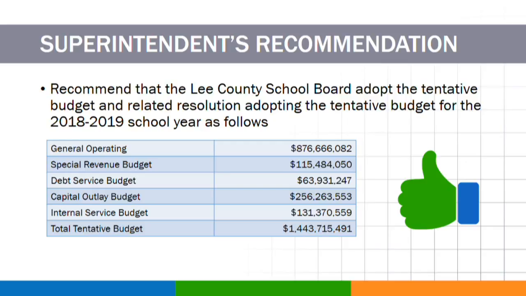Capital outlay budget in the amount of $256,263,553. Internal service budget in the amount of $131,370,559. Total tentative budget: $1,443,715,491.